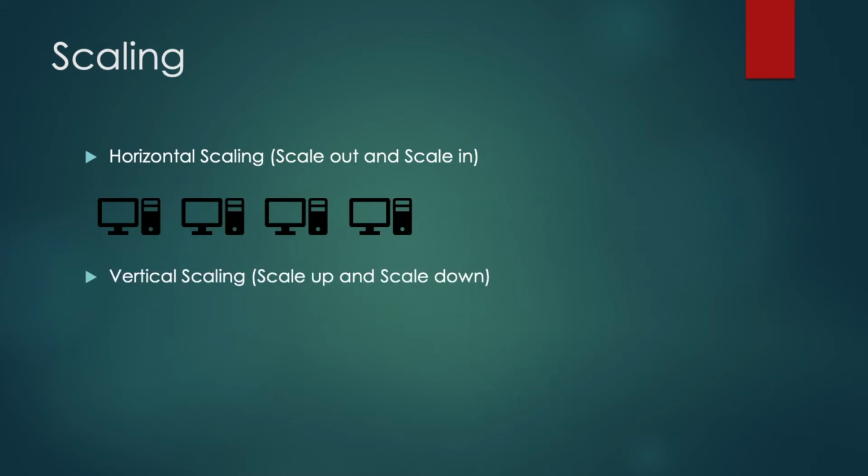Now to implement this, you don't need to take down your application. So in cloud you can scale out and scale in without having any downtime to your application. But vertical scaling is like making your infrastructure big with an upgrade. Whenever you go with the scale up option, there is a significant downtime.